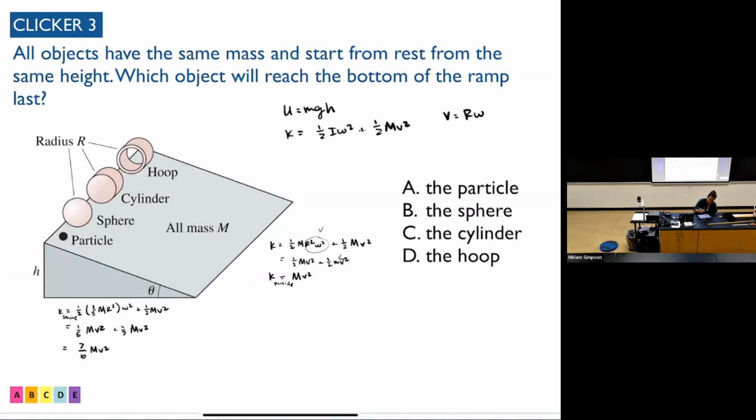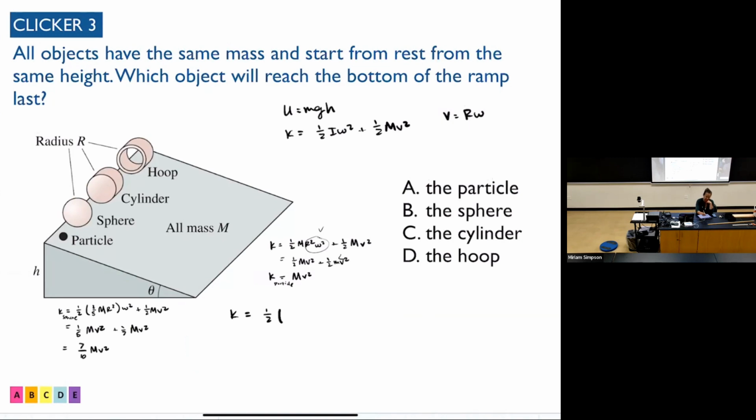Let's try the cylinders. Solid cylinder is 1/2 mr squared, and empty cylinder is the same as a particle. Oh, duh. The particle one, does it matter what the moment of inertia is?